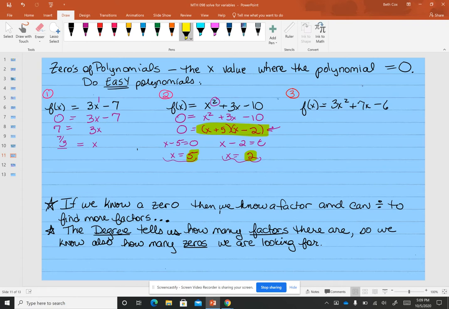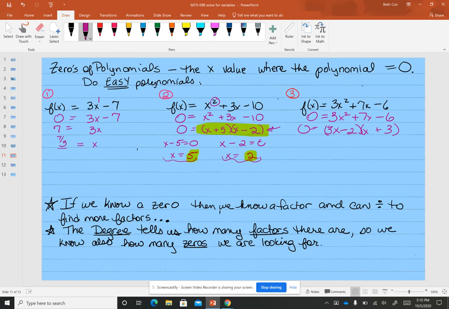This next one is also a second degree polynomial, and I can solve it just like I did the others. Set it equal to 0 and solve, and I can also factor this one. And maybe you can't, maybe you need a little help, but that's okay. It factors.